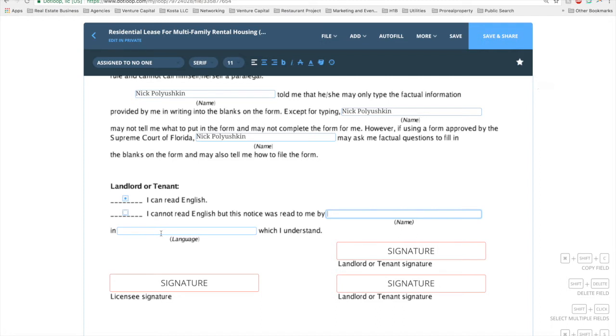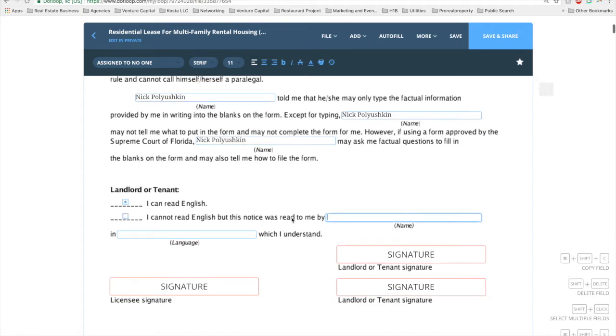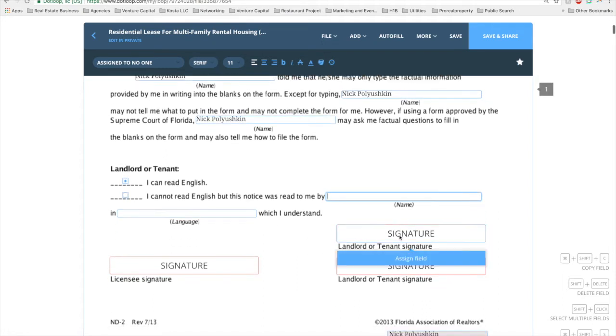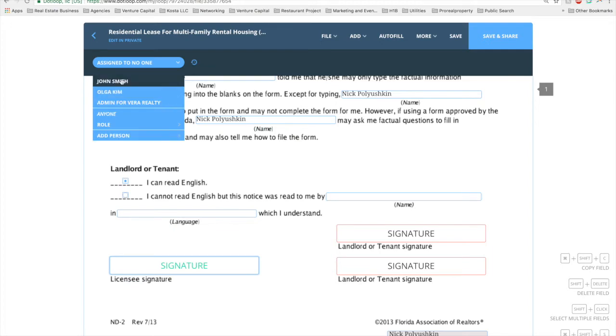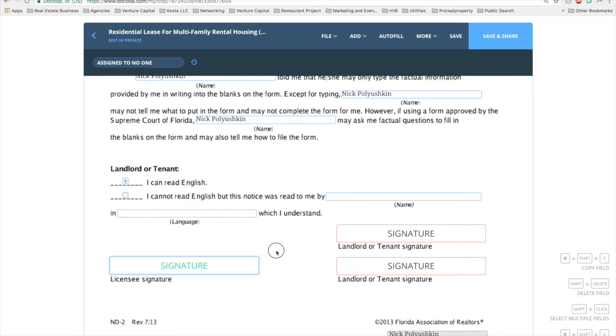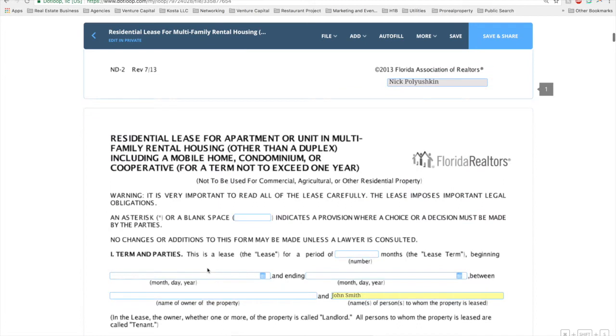So language, if it's Spanish, it's in Spanish. If it's Russian, it's Russian, which your tenant or landlord will understand. Then tenant has to sign here, and landlord has to sign, and your signature here as well. So this has to be signed to me and signed by me.